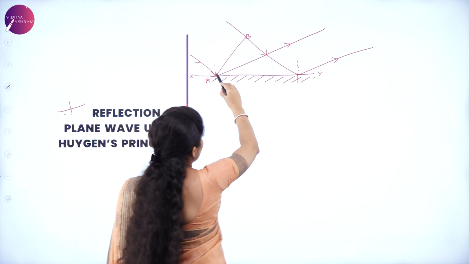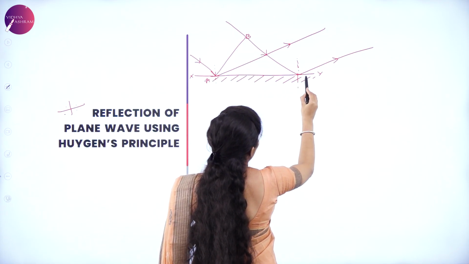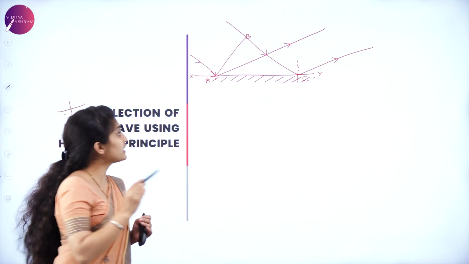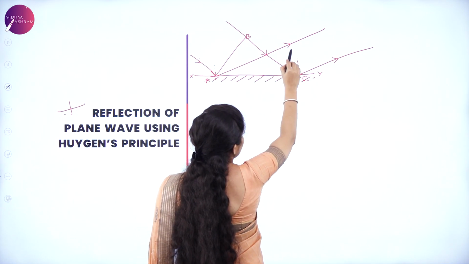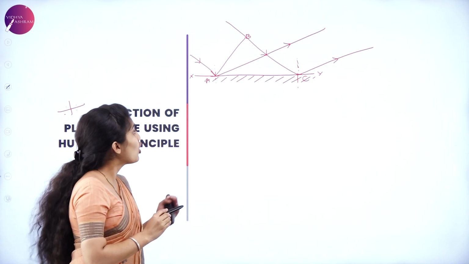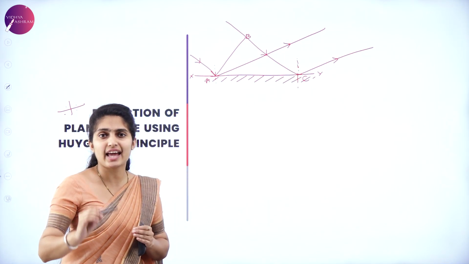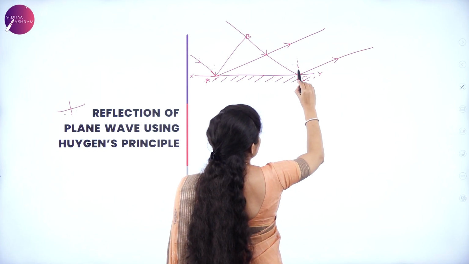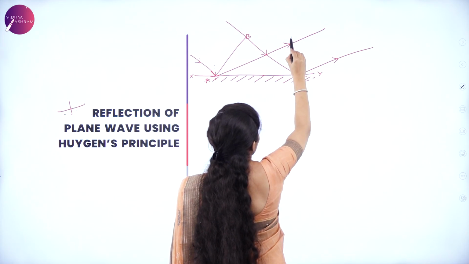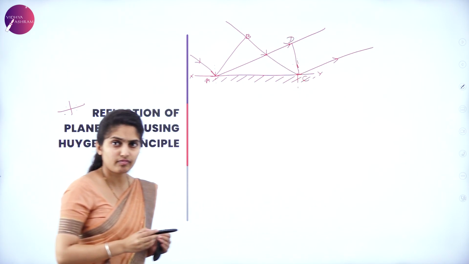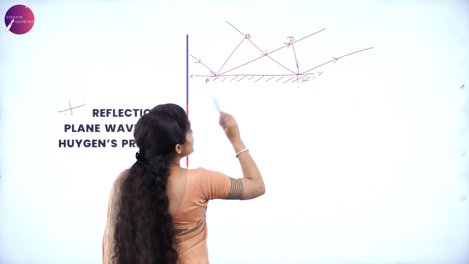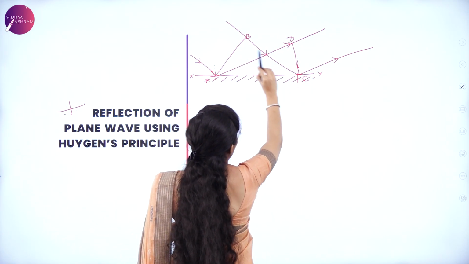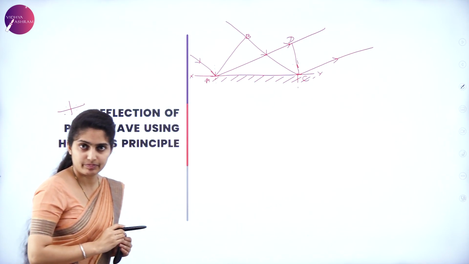If this is A and this is B, let me call this C. From A, you mark a point over there, and draw a tangent from C to D. Drawing a tangent from C to D, you have this. It is said that AD and BC are kind of equal.